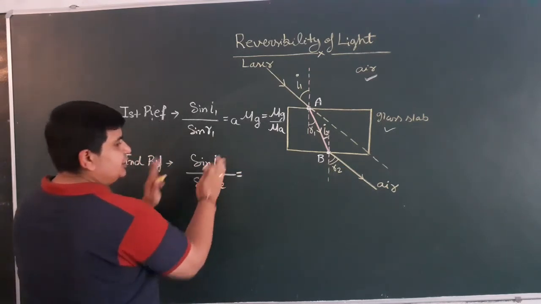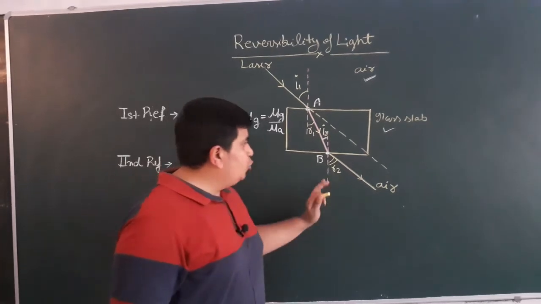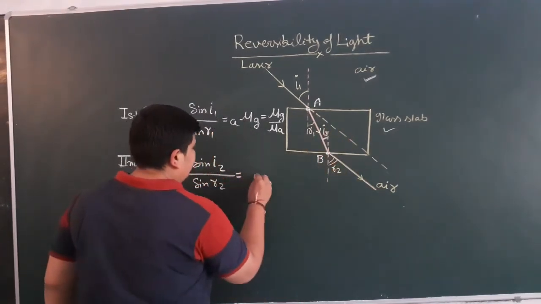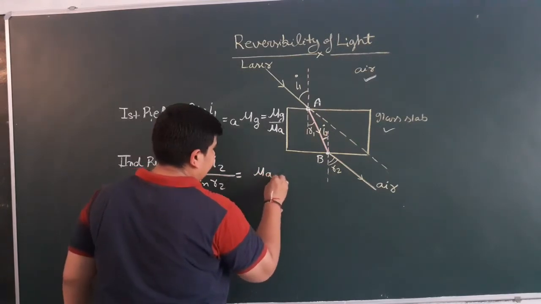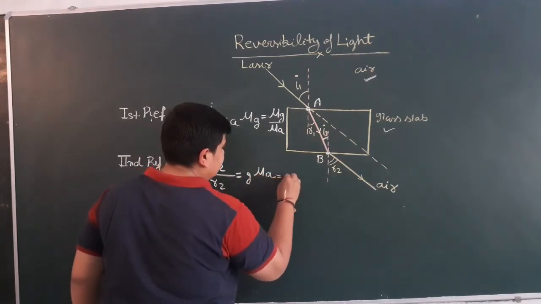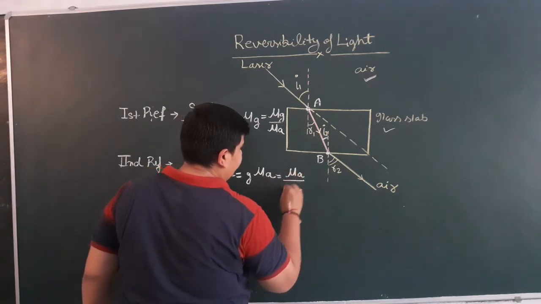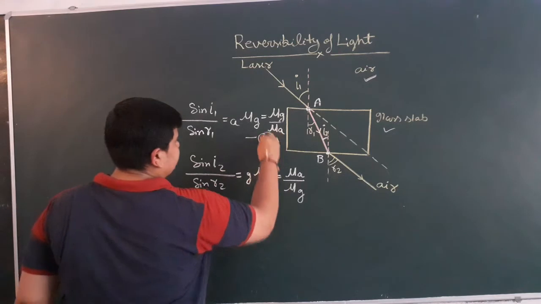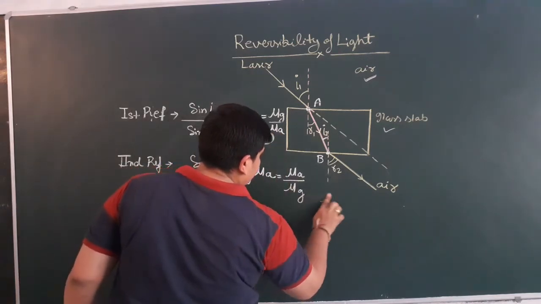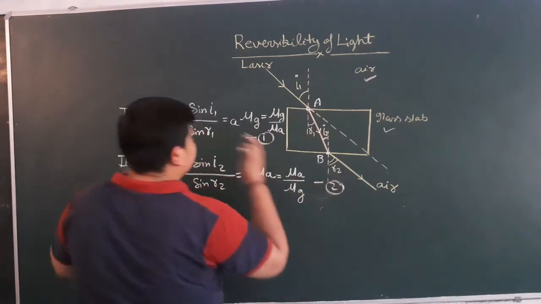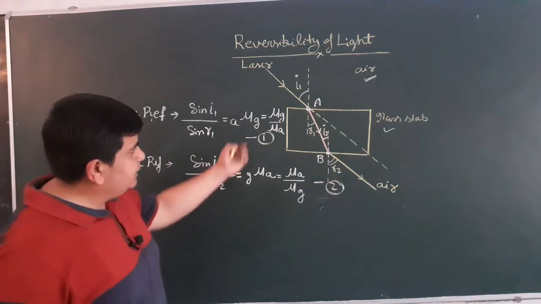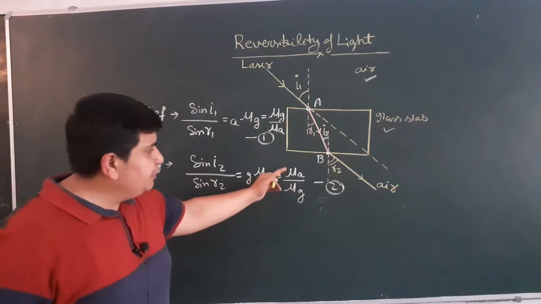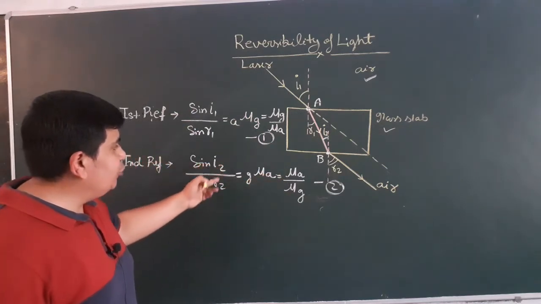This ratio must be equal to the refractive index of air with respect to glass, that is mu A over mu G. Suppose this is our equation 1 and this is our equation 2. Here is mu G over mu A, which is sin I1 upon sin R1, and here is mu A over mu G, which is sin I2 over sin R2.